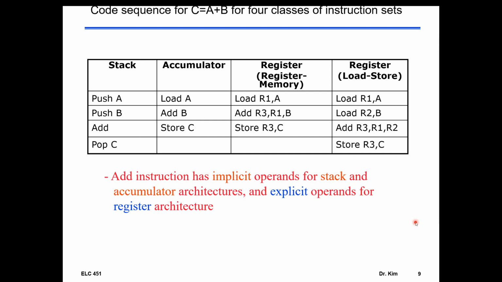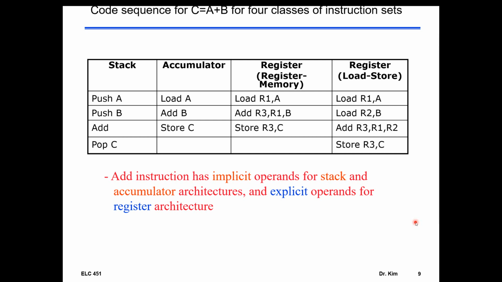Then you would push B, your second operand, and the next instruction would be add. That would automatically add the two pieces of data at the top of the stack, and the result would be at the top of the stack. Then you would say pop C, and you would place the top of the stack in a memory location. A, B, and C are symbolic memory locations.